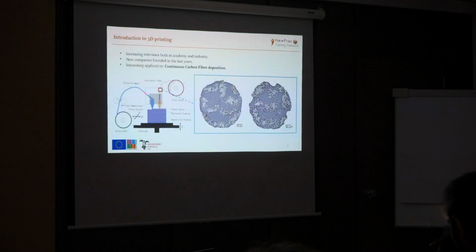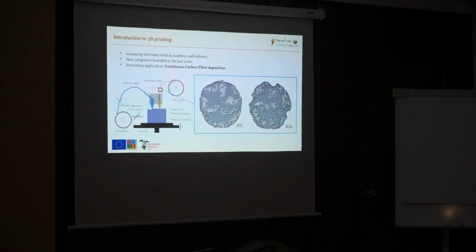You can see here two nozzles, one to the left, which is depositing the nylon filament, and another one which is acting at the same time, depositing the continuous carbon fiber bundle. Of course, when we talk about a carbon fiber bundle, we are not talking about a single fiber, because it would be impossible, but a bundle of fibers. As you can see here, these are two typical sections for the carbon fiber bundle.